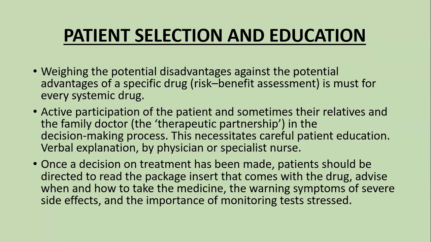This necessitates careful patient education, verbal explanation by a physician or a specialist nurse. Once a decision on a treatment has been made, the patient should be directed to read the package insert that comes with the drug, advised when and how to take the medication, the warning symptoms of severe side effects, and the importance of monitoring tests, which will be done as the patient starts taking the medication.